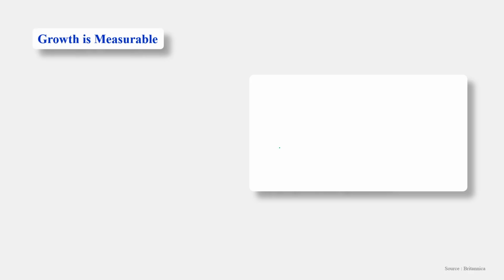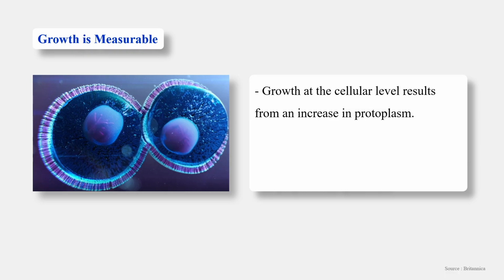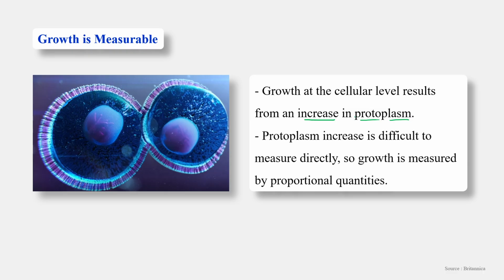So growth is measurable. If we are discussing it at the cellular level, at that time we can say that if protoplasm increases, the cell increases in volume, or there is growth in a cell. So at the cellular level, it results from an increase in protoplasm.